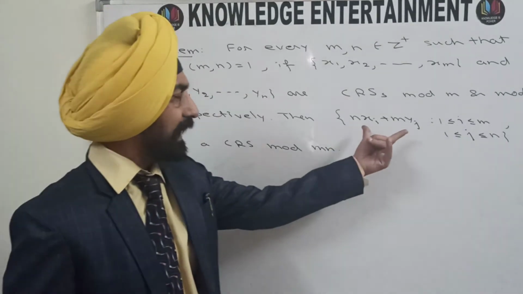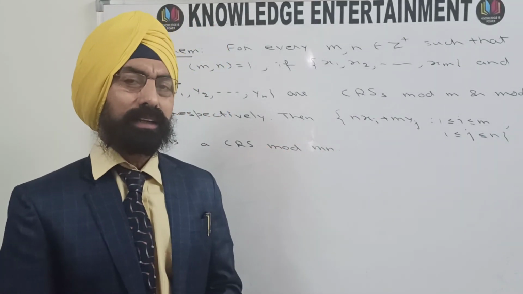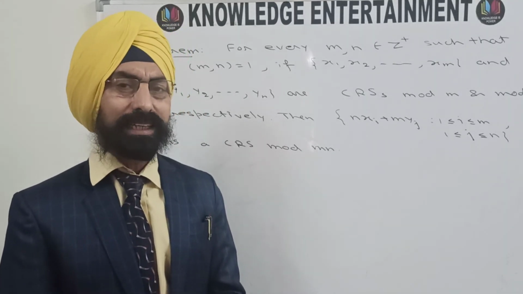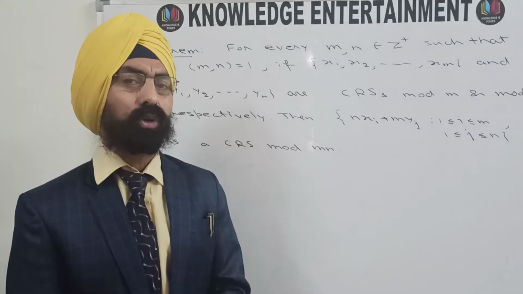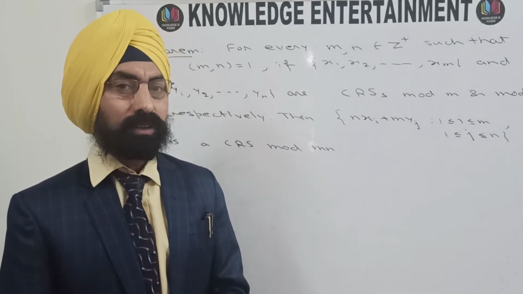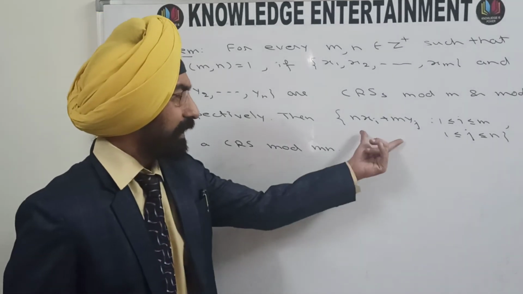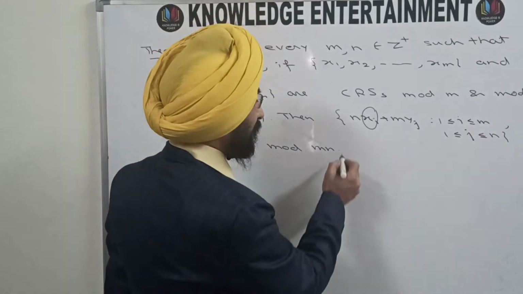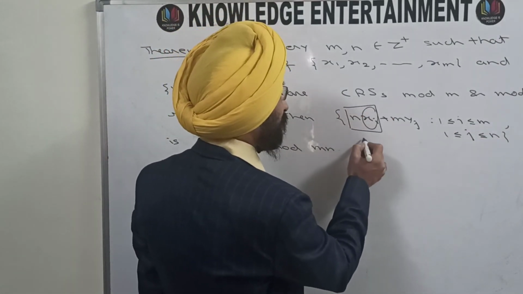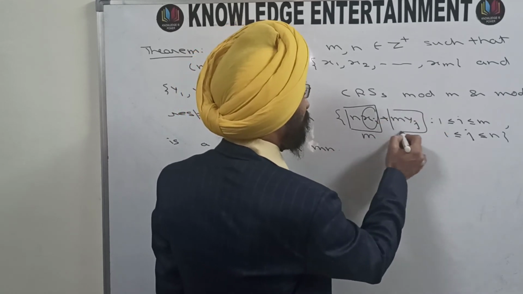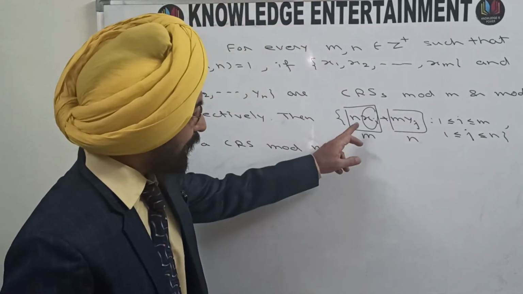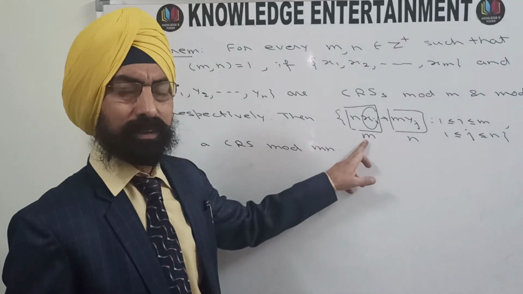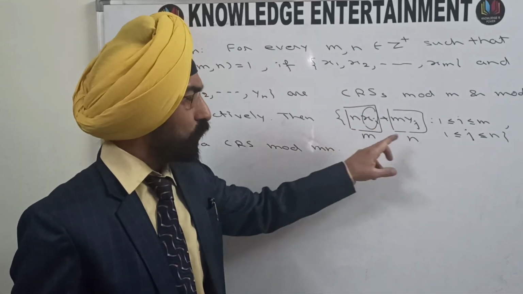So to show that this set is a complete residue system modulo mn, we have to prove two things. Number one, it consists of mn elements. Secondly, no two members of this set are congruent to each other modulo mn. The first one: how many choices of i do you have? m choices, and for each choice you have n choices of j, so for m choices you will have mn choices.